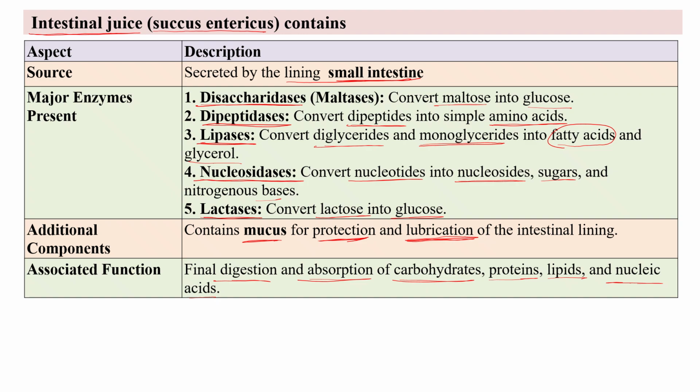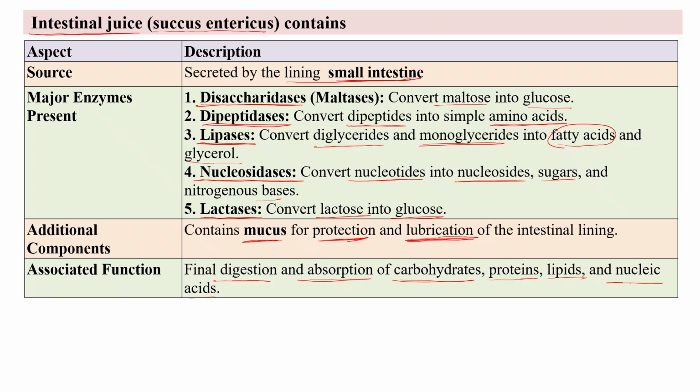So I hope you remember I had told you in the beginning of the lecture that the entire process of nutrition consists of ingestion, digestion, absorption, assimilation and egestion.